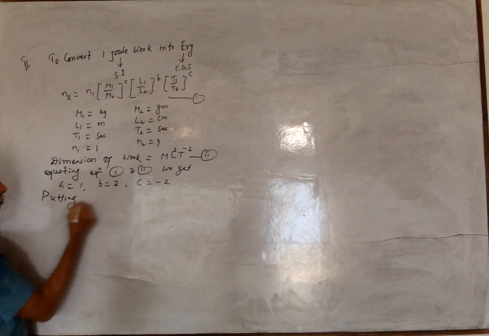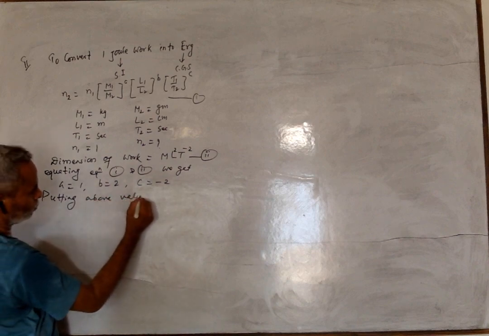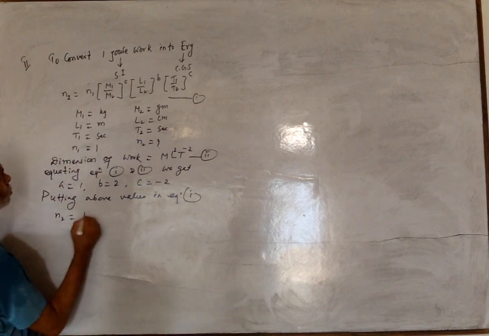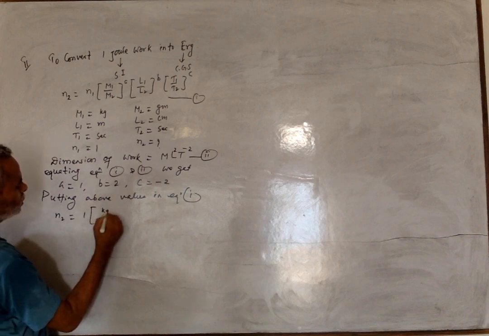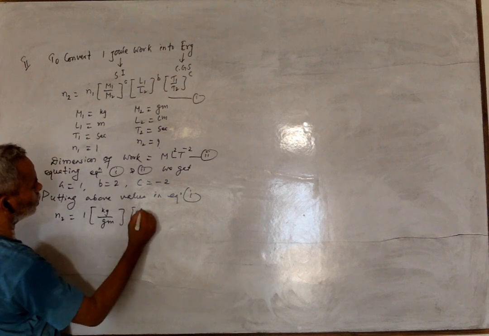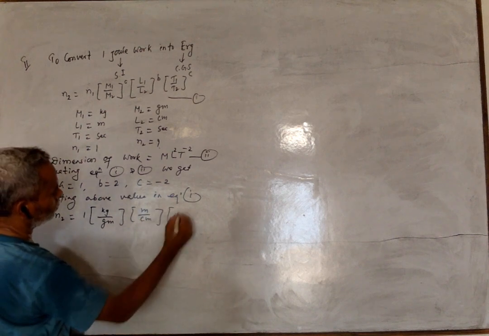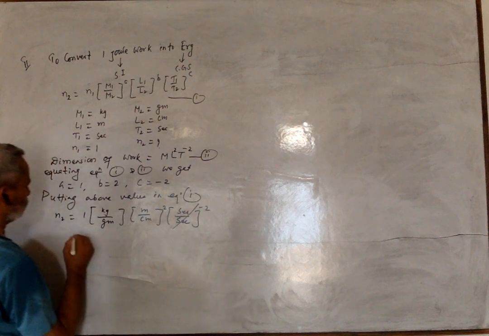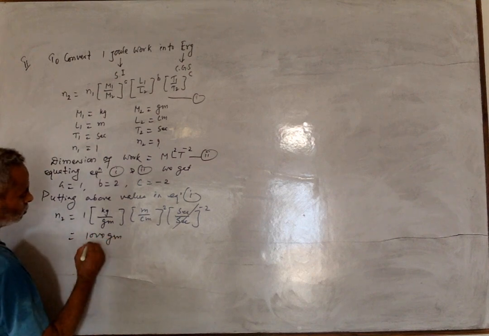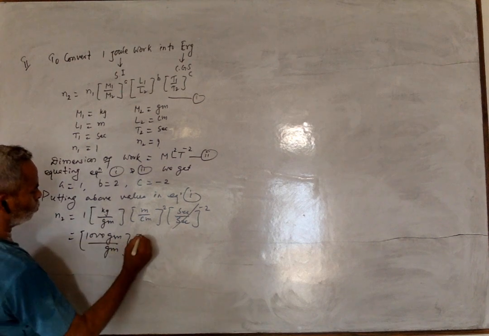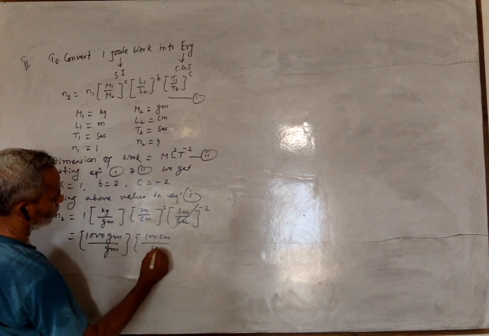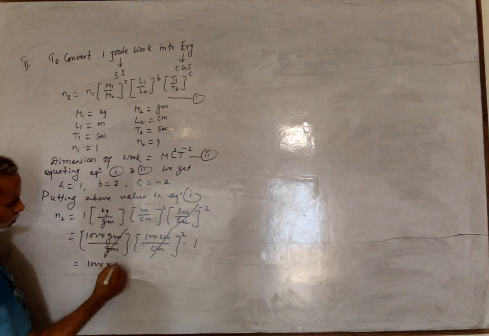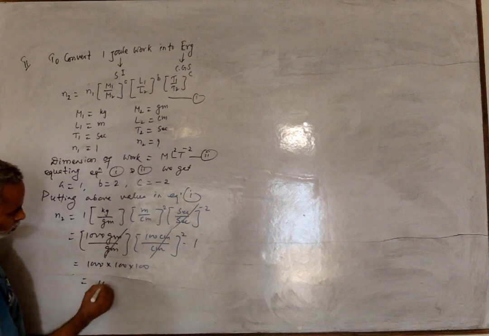Putting the above values in equation 1, N2 equal to N1, M1 kg by M2 gram, L1 meter by L2 cm, second by second: 1000 gram by gram, 1 meter, 100 cm by cm, 1000 times 100 squared gives 10 to the power 7.